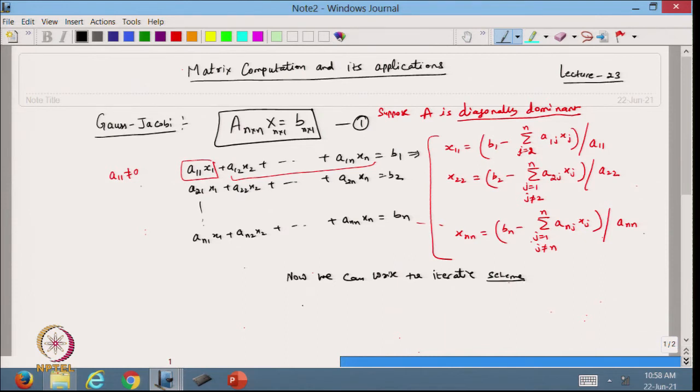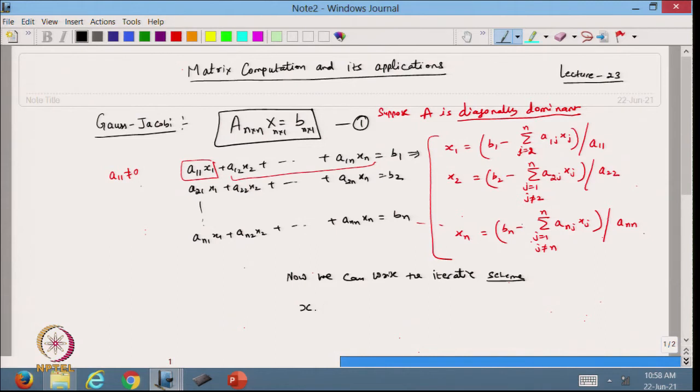How? So, I am finding x, maybe I should write here not x11, it is x 1 2 n. So, this one.